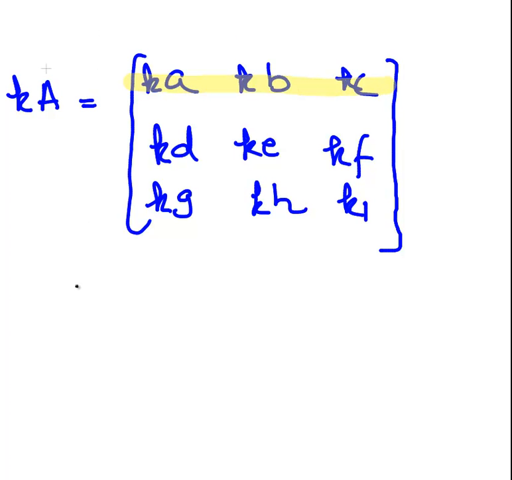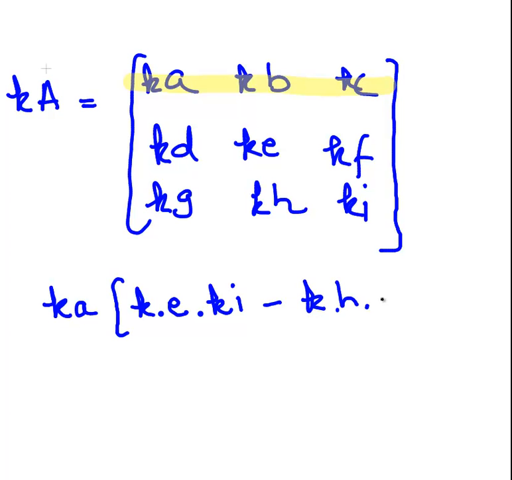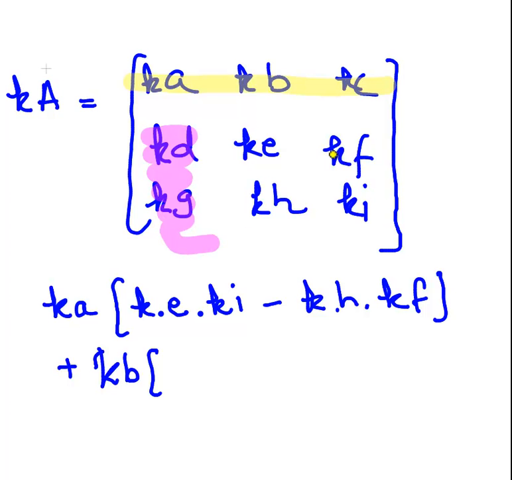Take the top row, and what we have here is k times A, multiplied by the determinant of its submatrix: k times E times k times I minus k times H times k times F. Plus k times B and the determinant of its submatrix, which is this part and this part here. Sorry, that's in a minus position according to the sign array, so we've got minus there.